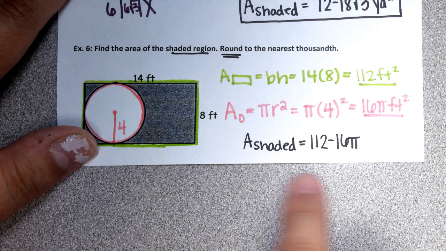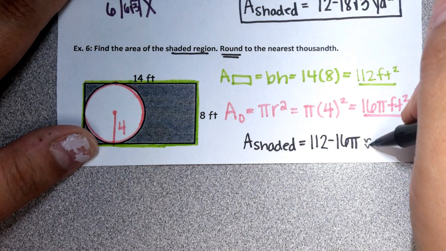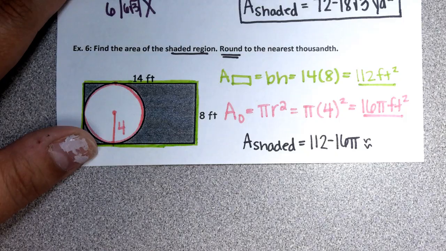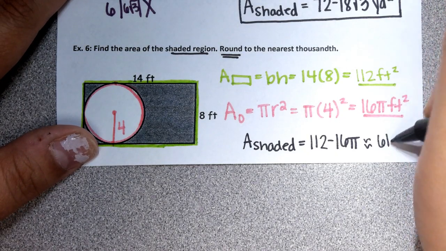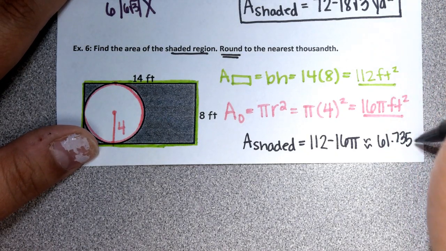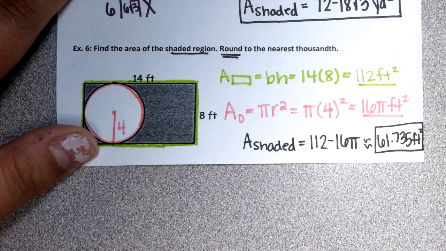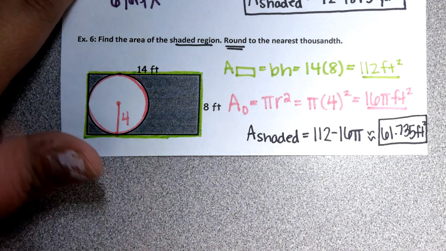Put that whole thing in the calculator and you should get what? 61.735. Wait, I got the same thing. What did you put in the calculator? Make sure you put 112 and not 122.